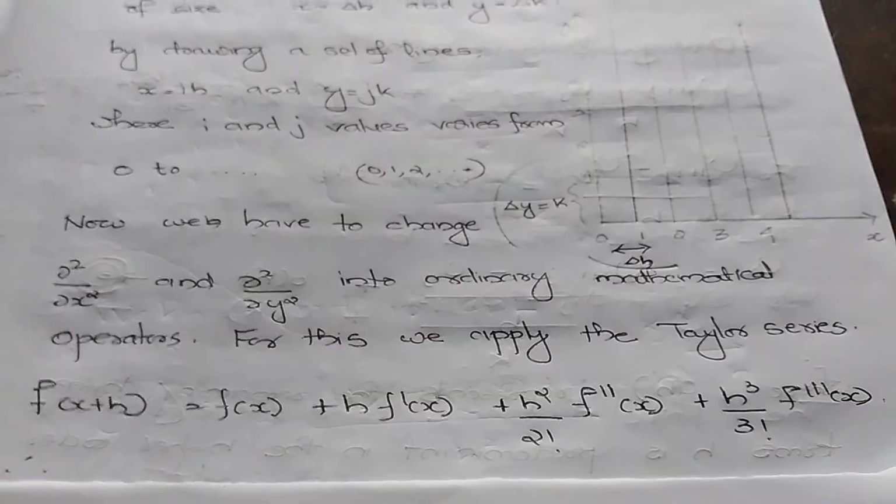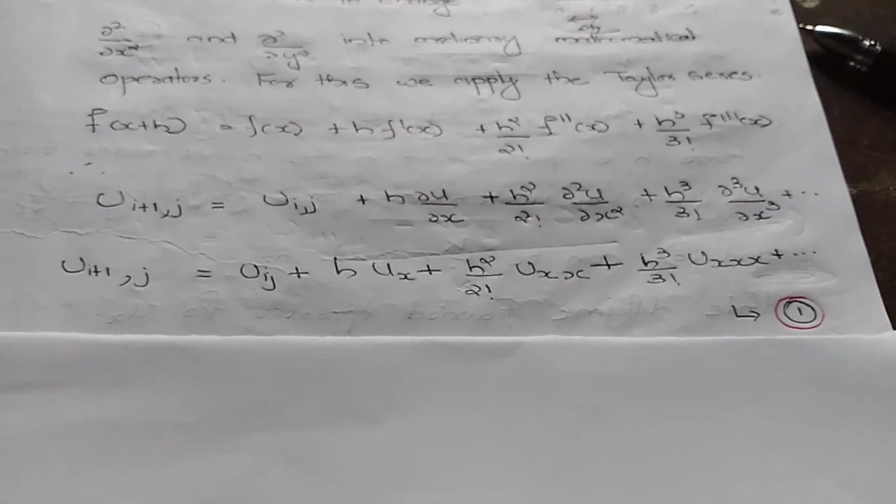By this method we change ui plus 1j to a Taylor series expansion, where dou square u by dou x square is uxx, and dou cube u by dou x cube is uxxx, like that, and we can put it as equation 1.